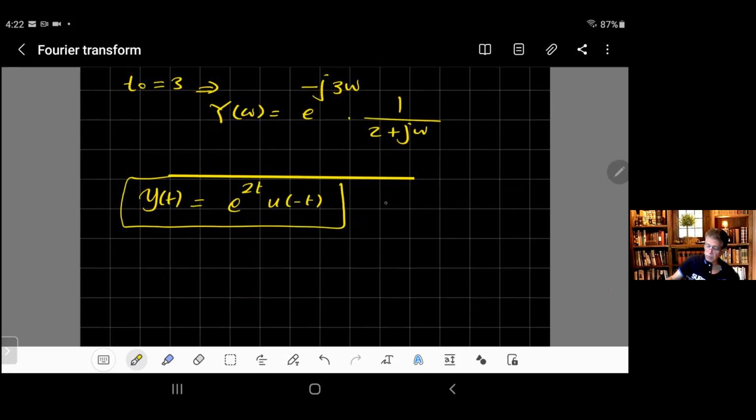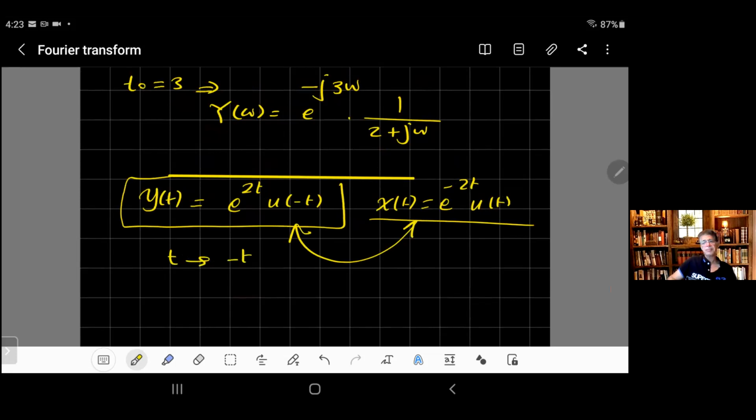The old one given was x of t equal to e to the minus 2t u of t. So what is the relation between the new function and the old function? t is replaced by minus t. When you replace t with minus t, it becomes positive 2t, and u of t becomes u of minus t.